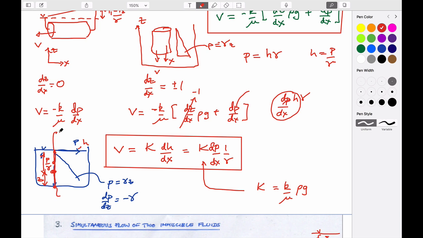So if you took the value here as z equals 0, then the value of head would be 0 here. If you took the datum at this point, then the value of head would be this height h. And then the magnitude of this head as you go down in this fluid would actually be this height here, which is h. So I don't know if that's been very clear actually now that I look at it.